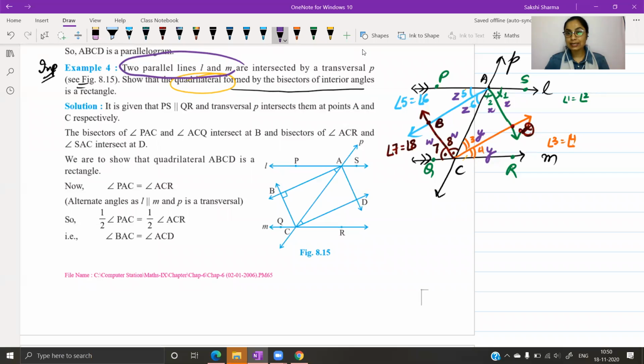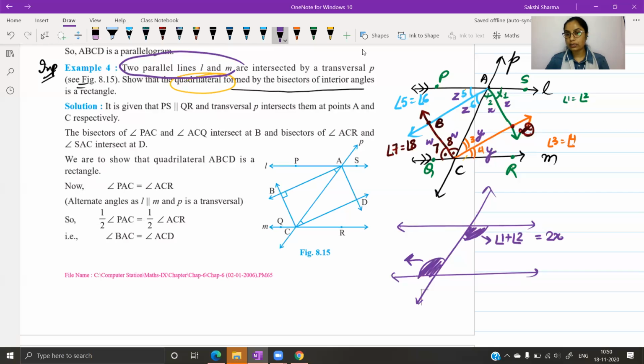That's correct. If I look at the pair of alternate interior angles, I will roughly draw this figure. The angle formed here will be equal to the angle formed here. यहाँ पे जो एंगल बन रहा है वो बन रहा है angle 1 plus angle 2, which is 2x, and over here it's angle 7 plus angle 8, which is 2 times W. Since line L is parallel to line M, 2x will be equal to 2W.